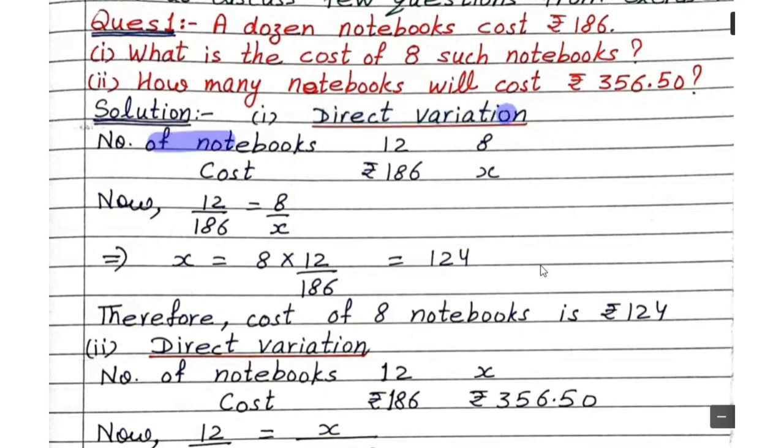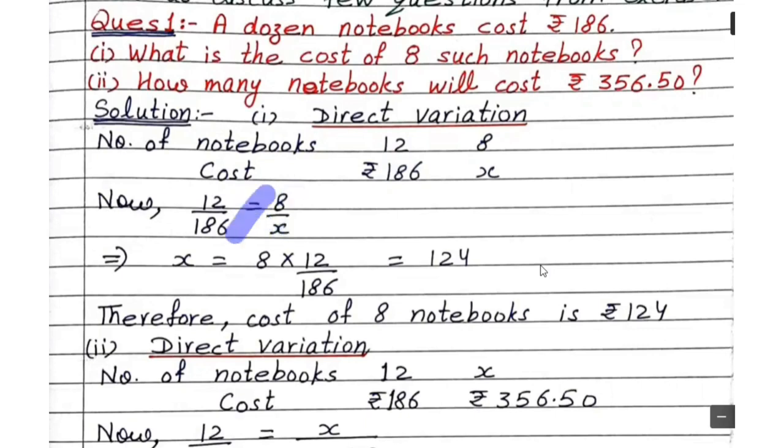So the number of notebooks here is 12 and the cost of 12 notebooks is 186. Now when the number of notebooks is 8, let the cost of 8 notebooks be X, right? So since it is a question of direct variation, 12 upon 186 is equal to 8 upon X.